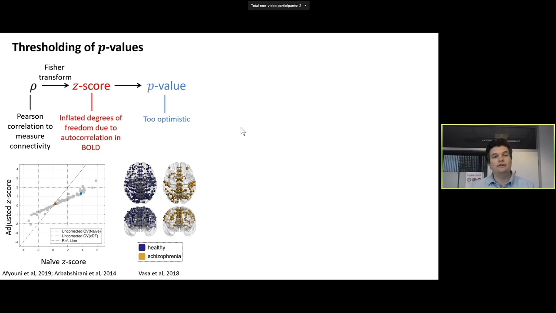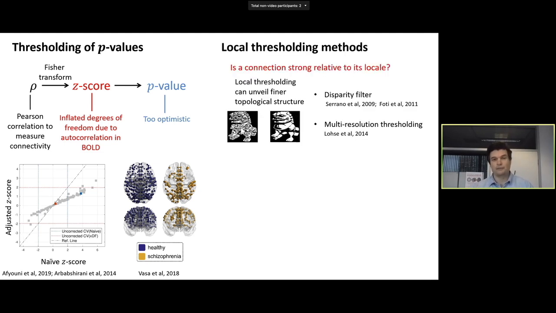The tricky thing here is that due to autocorrelation in the BOLD time series, the degrees of freedom are often inflated, and therefore our p-values are optimistic. Afyouni and colleagues have proposed an adjusted z-score where they estimate a more realistic degrees of freedom and yield more accurate p-values. Check out the work if you're interested in thresholding p-values.